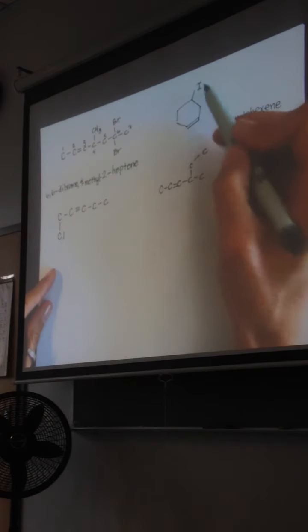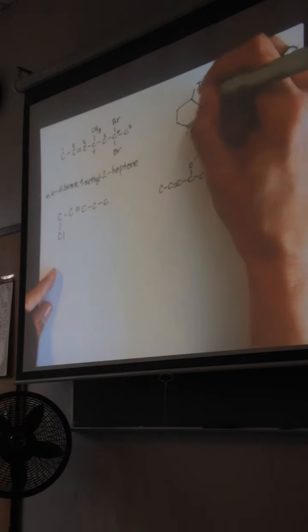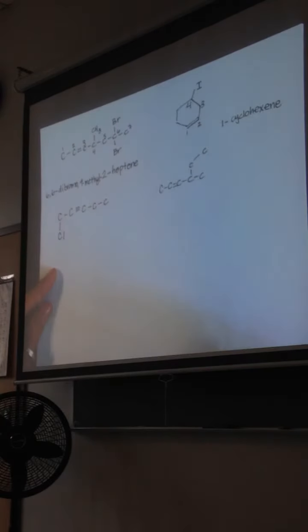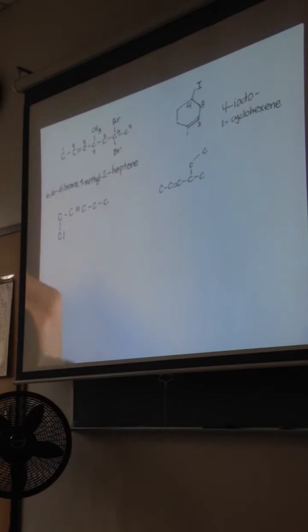But in order to also get this to be the lowest number possible, you're numbering this way. Okay, so this would be 4-iodo-1-cyclohexene. Any questions on that? Okay, let's move on to this one.